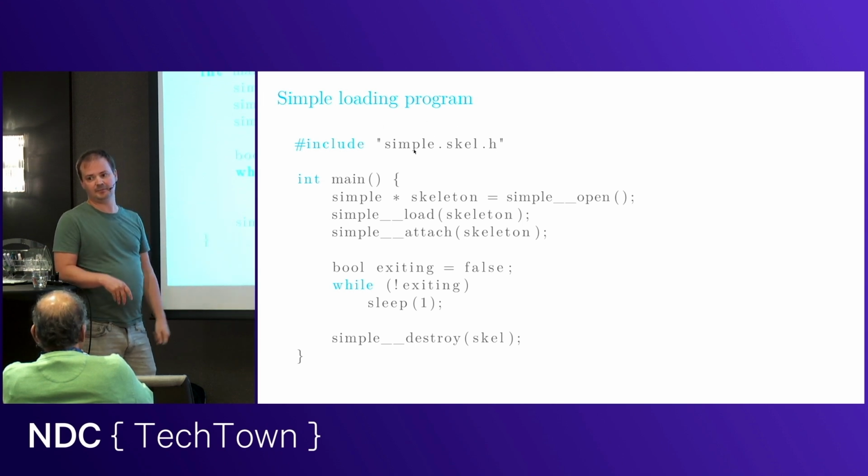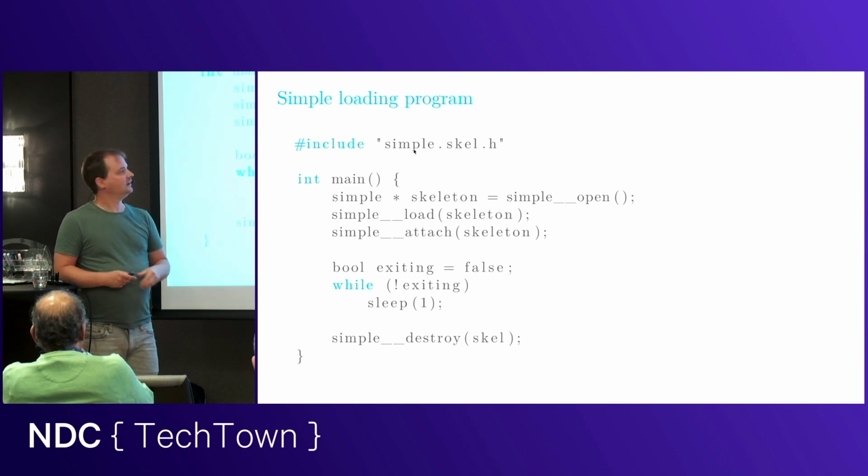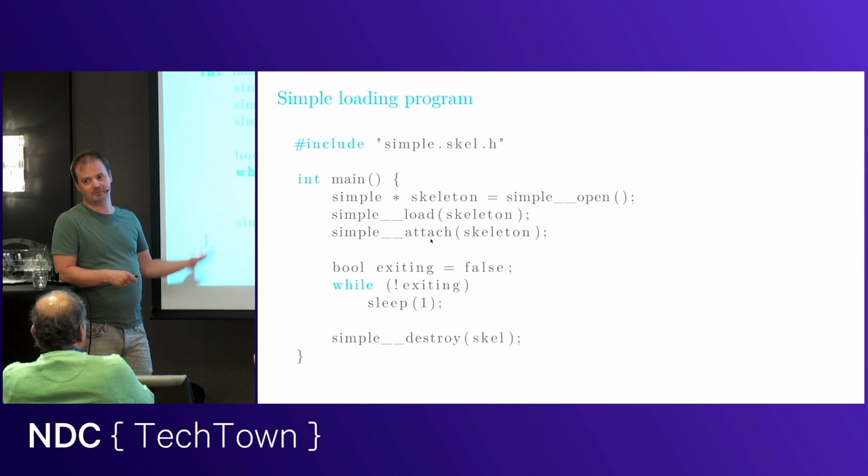It's created by bpftool, and I just include it. And it gives me access to simple open, simple load, and simple attach. Simple is what I've just called it; I told bpftool to prefix everything with simple.